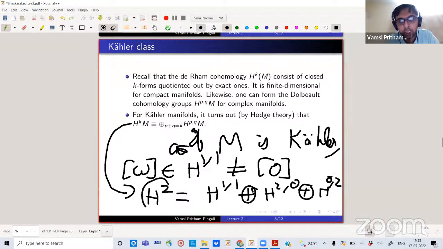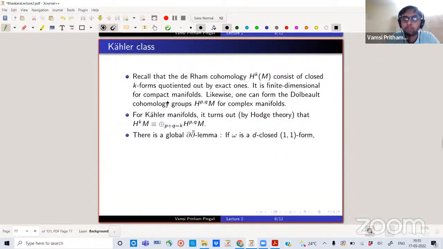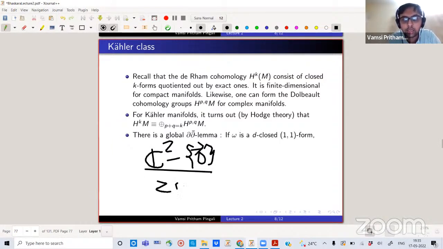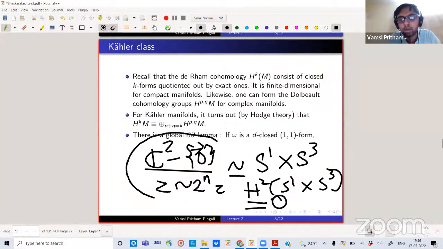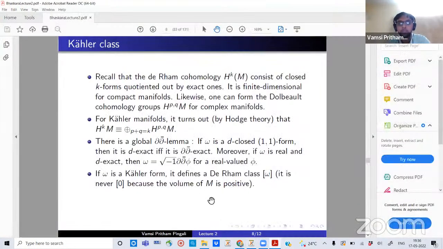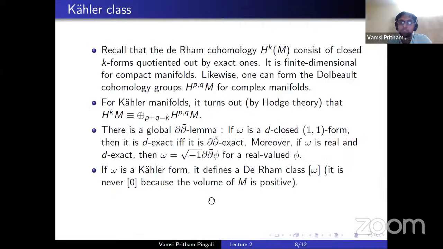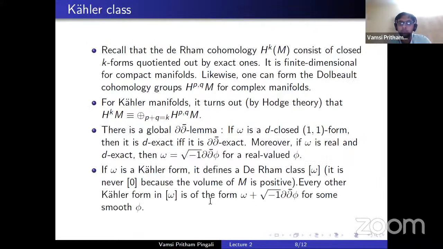So in other words, H2 is not 0 for a Kähler manifold. But if you take the Hopf surface, for example, C2 minus 0 modulo Z, this is diffeomorphic to S1 cross S3, and the H2 of S1 cross S3 turns out to be trivial. Therefore, this can never admit a Kähler metric. So there's a very quick proof that the Hopf surface can never admit a Kähler metric.